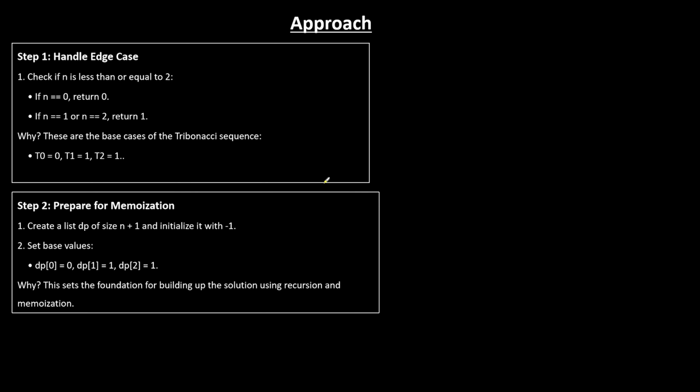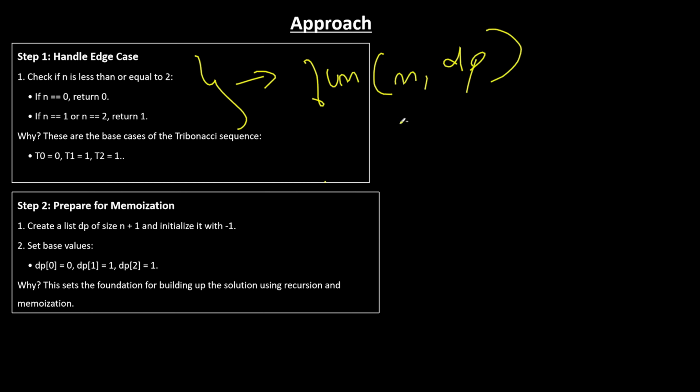Now, since we got the intuition of the problem, let's look into the approach, how we're going to solve it. This is the edge case or the base case which we will be writing inside the fun function, or recursive function. Within that fun function we will have n and dp, right? And within that, we will write if n is less than or equal to 1, we will return n, because it could be 0 or 1.